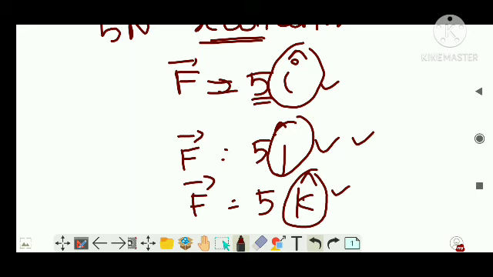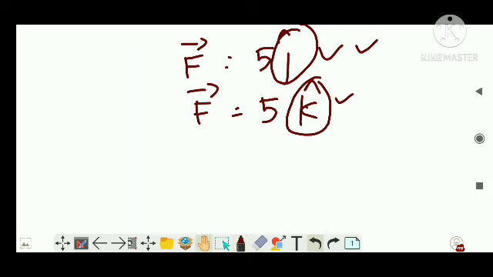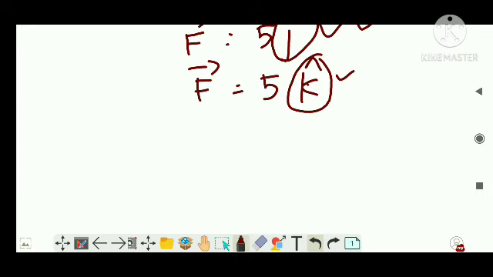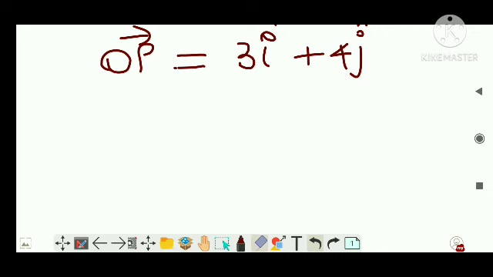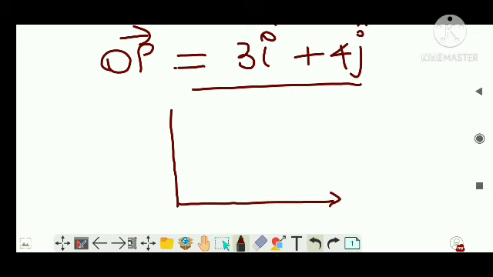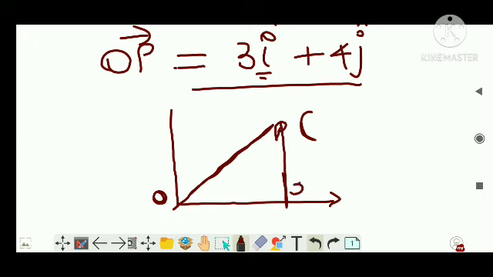Similarly, if you are given a position vector, you draw a graph like this, where this is the origin and this is the location P. P's location has an x value of 3 and a y coordinate of 4.